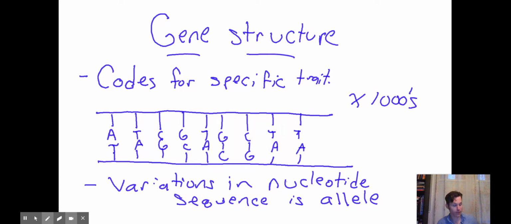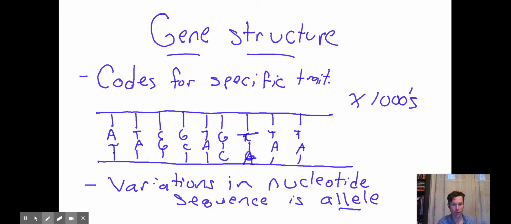Right? So the difference between brown eyes and blue eyes would be that brown eyes has this sequence, and maybe blue eyes trades this CG out for a TA. Right? And maybe having this here breaks my gene so it doesn't work properly anymore. The shape of the protein that this codes for isn't going to do the same job. So that variation is called an allele.